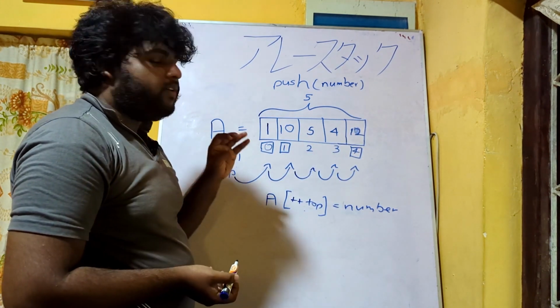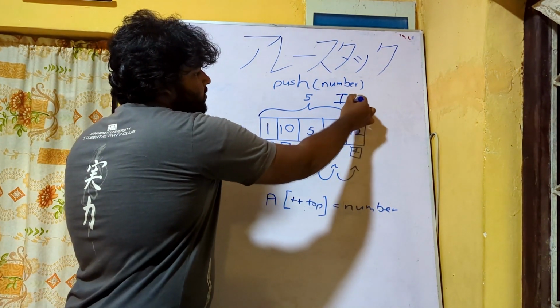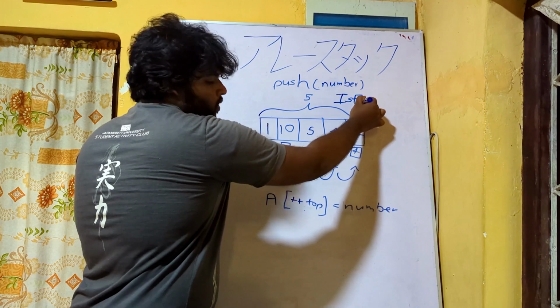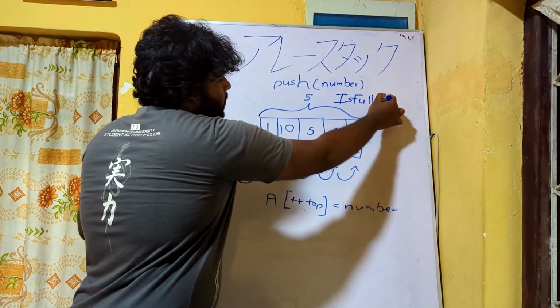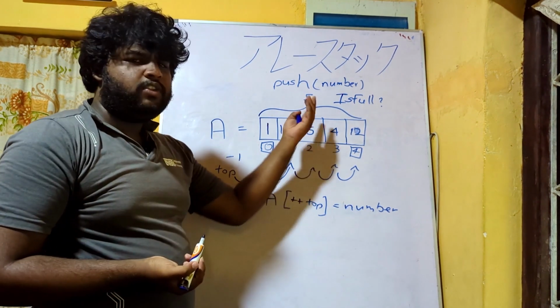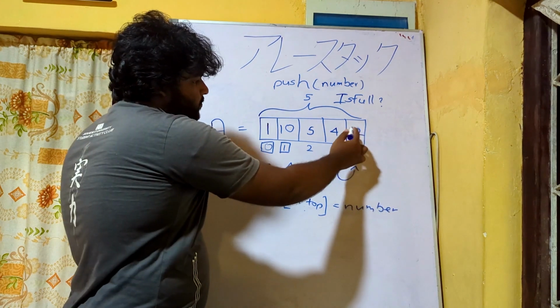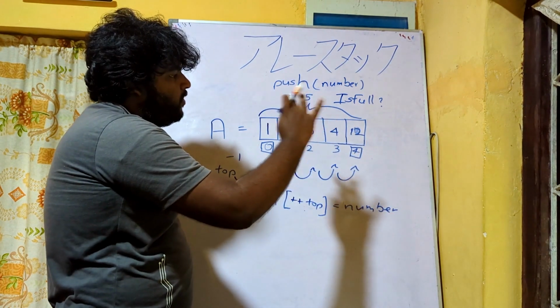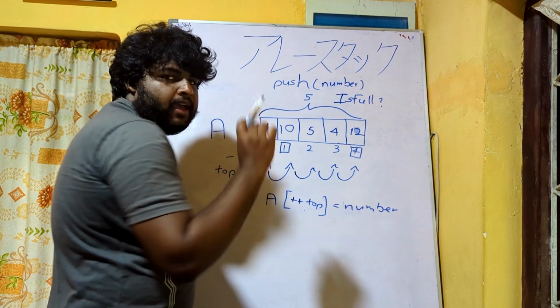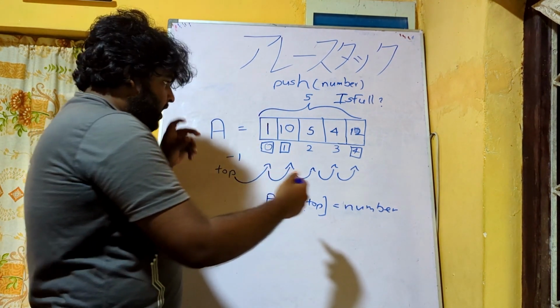So because of that reason, we need to actually check whether the stack is full or not before inserting elements. So how do we do that? It is actually very easy, because the max size is always one more than the max index, or the highest index, of the array.